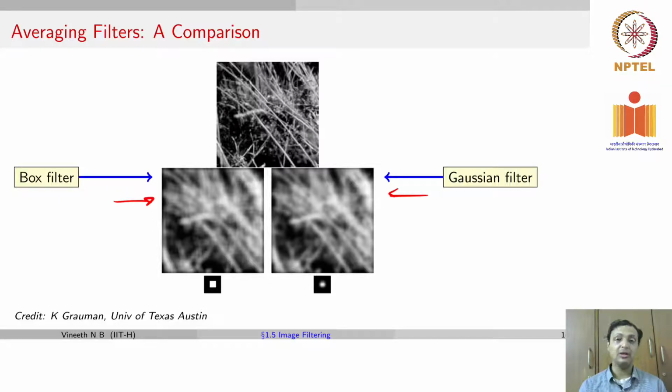If you observe very carefully, you will see that the box filter has some blockiness artifacts, whereas the Gaussian filter does not have these artifacts. Why? Because the box filter does not smoothen out at the edges, but keeps the same value across the entire neighborhood, and that can introduce certain kinds of blockiness artifacts.